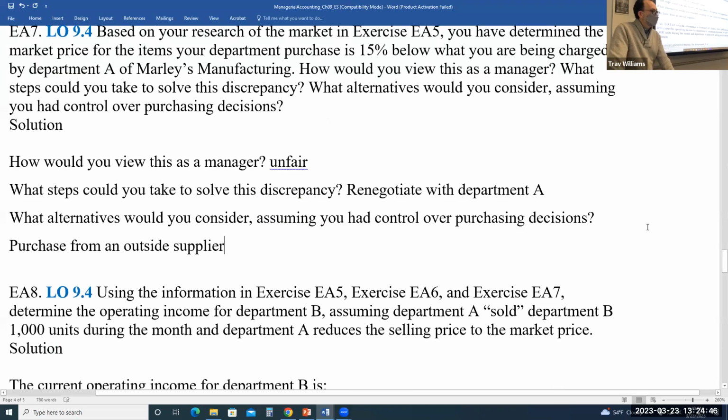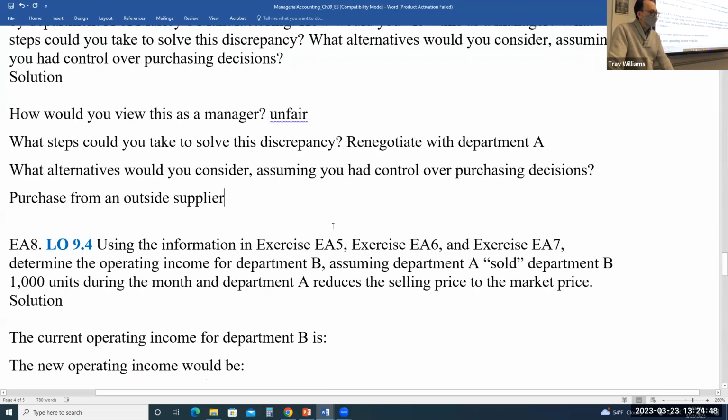So now we can go on to 8 and say, if Department A did reduce the price to the market rate, how would that impact operating income for Department B? In other words, if Department A dropped their price by 15%, what would be the impact on Department B?